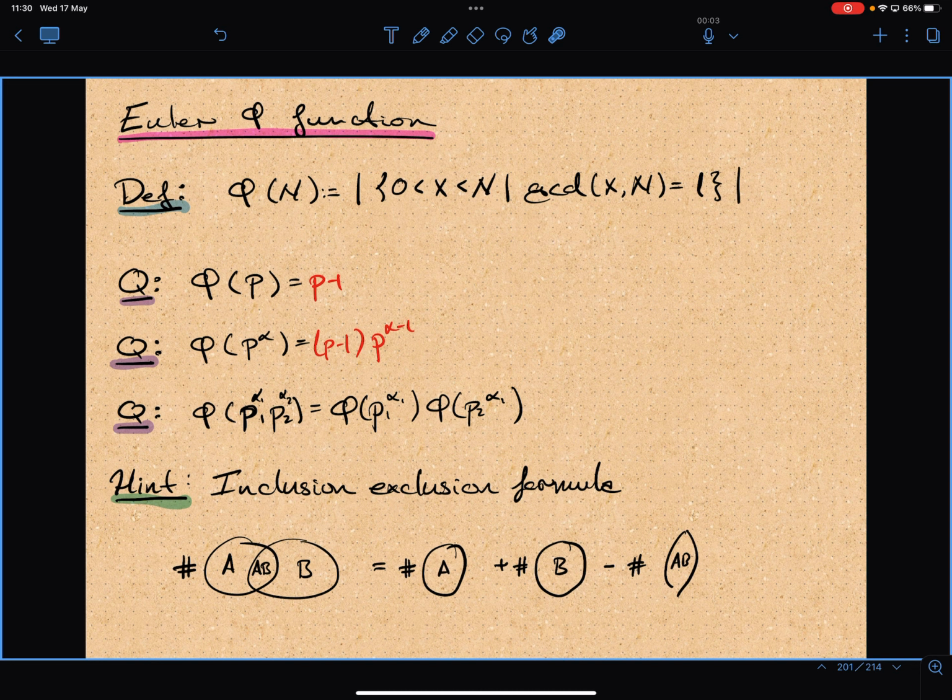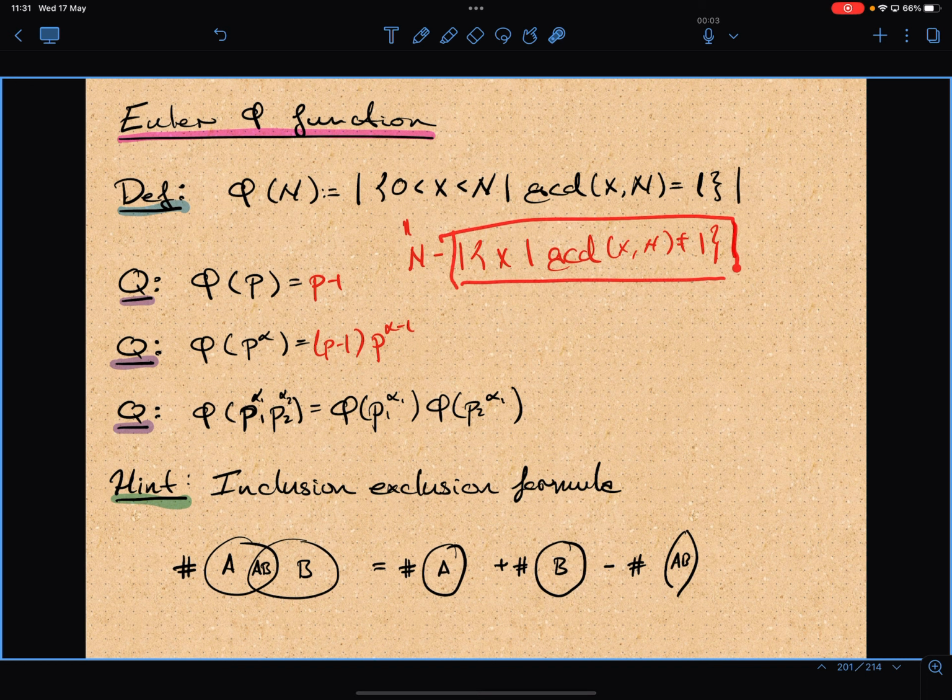So you write this to be equal to, I believe, n minus the cardinality of the x's where the GCD of x and n is not equal to 1. And you try to control this.